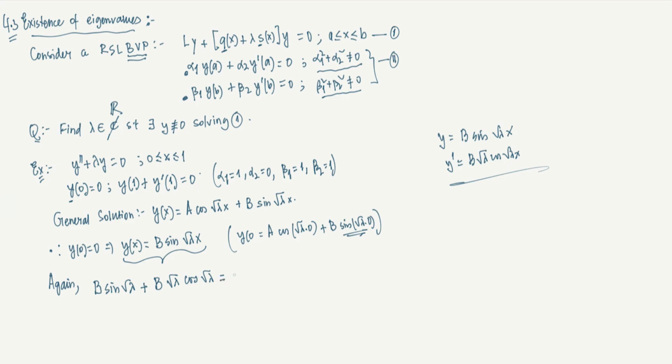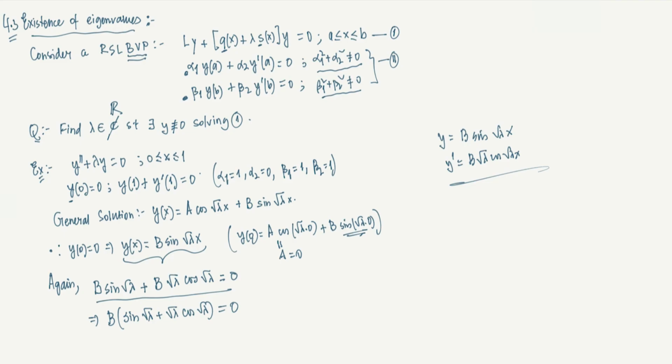So that is going to be 0. Now what do we already have? We already have that a is 0 from this condition. Now in this equation, you can take b common. So you can write it like this: b times sine root lambda plus root lambda cosine root lambda. This is going to be 0.